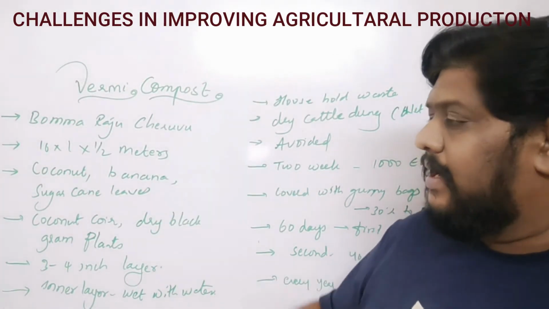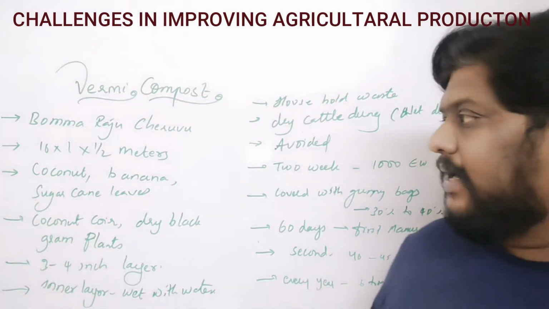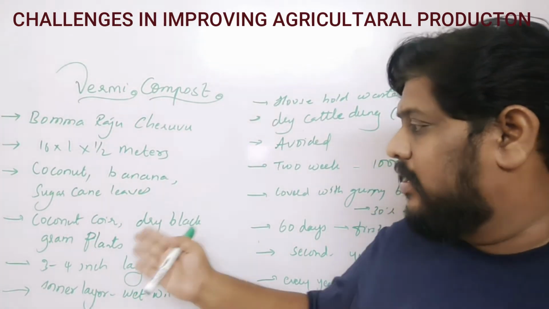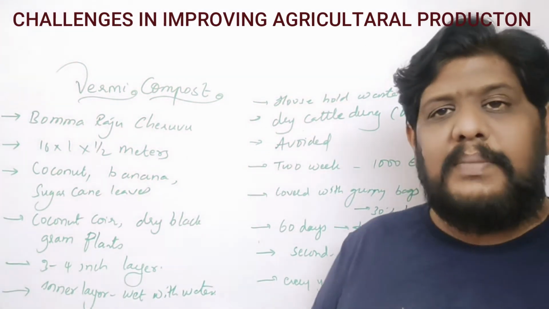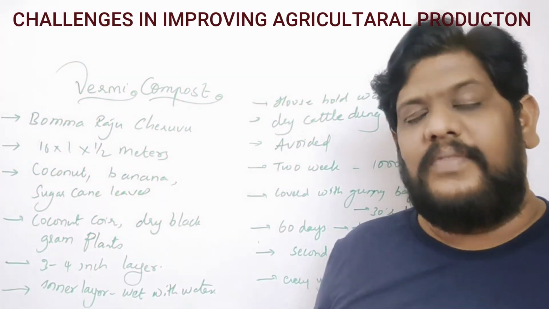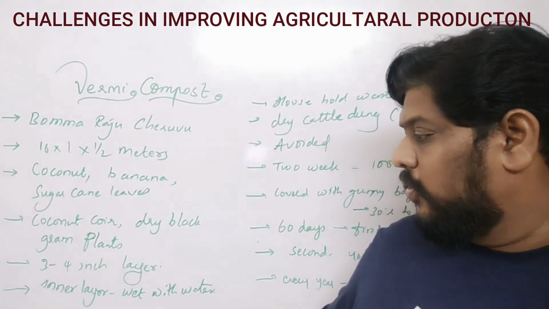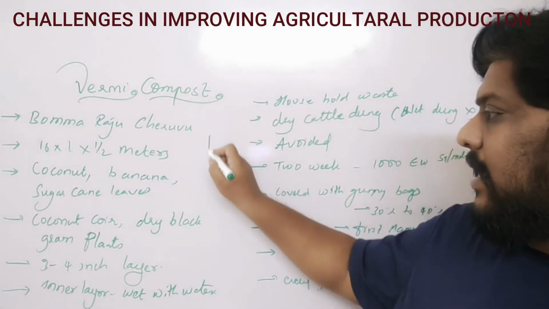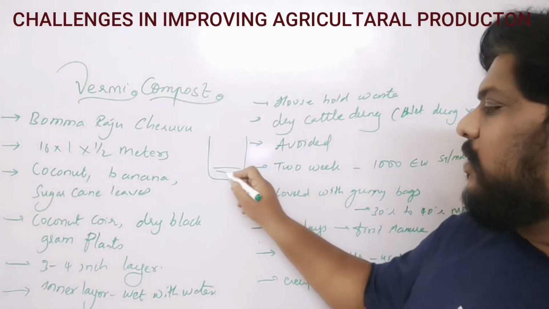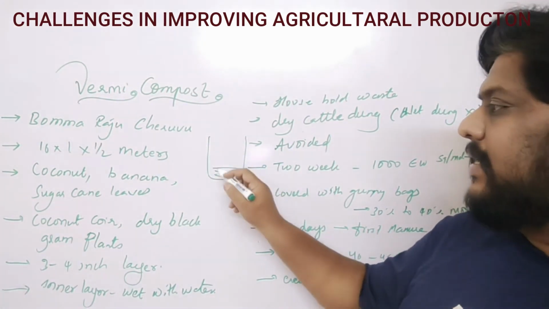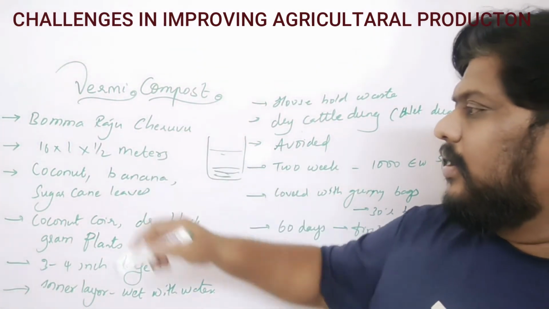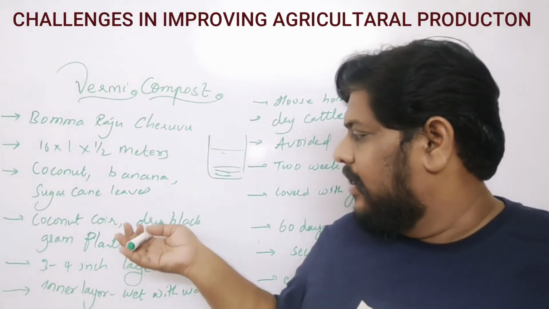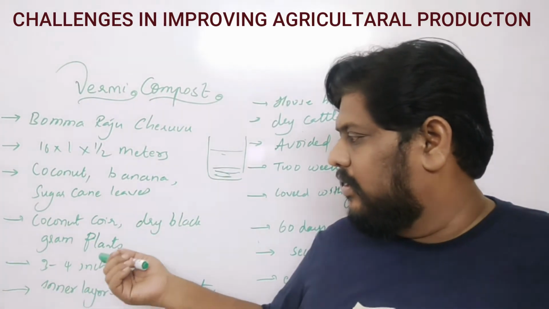Whatever they get, coconut, banana, sugarcane leaves, coconut coir, dry black gram plants, they made around a 3 to 4 inch layer of that. For the inner layer, they made it wet with water first, and then added all these coconut, banana and sugarcane leaves, coconut coir, and dry black gram plants.